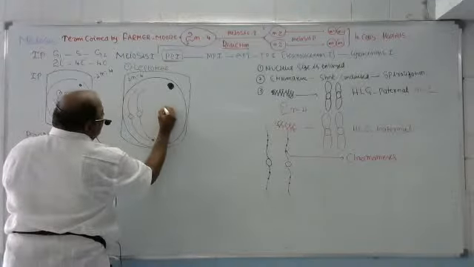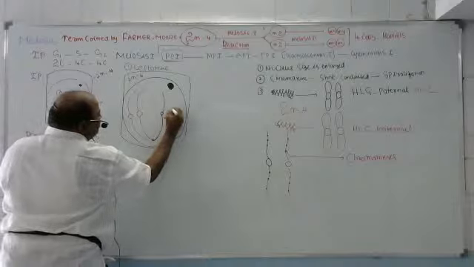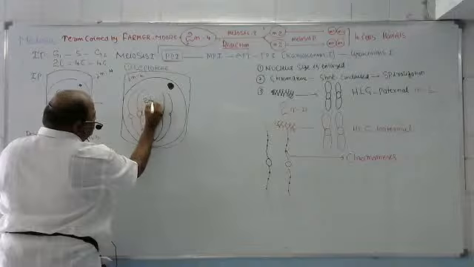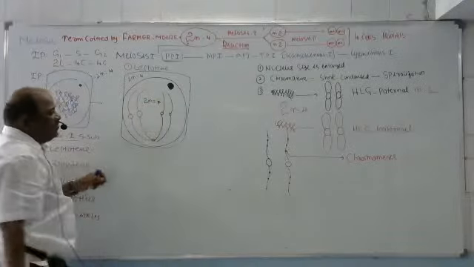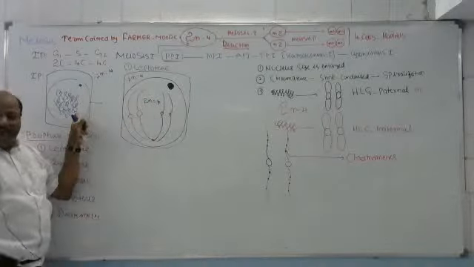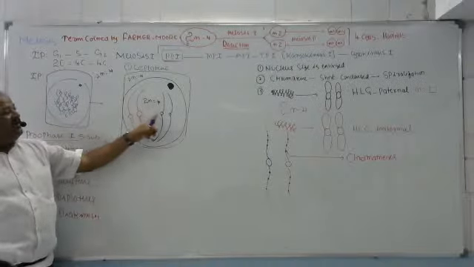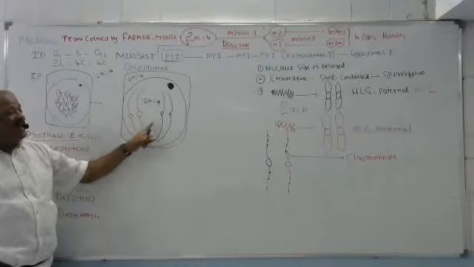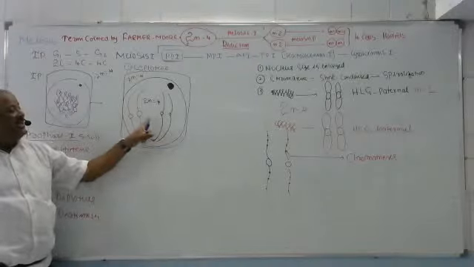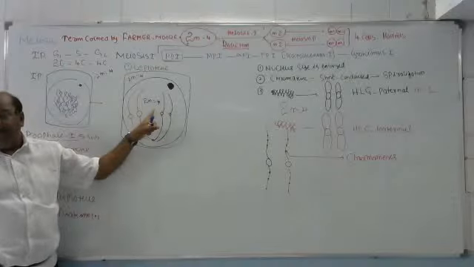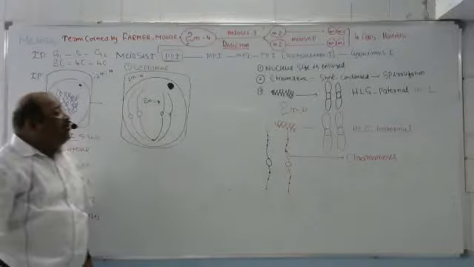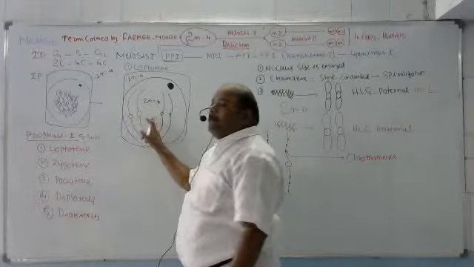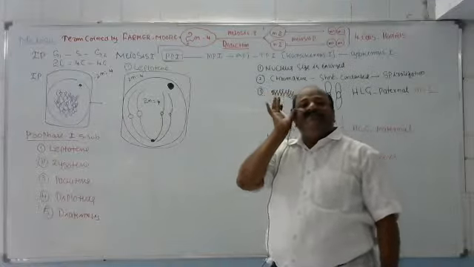All the homologous maternal chromosomes are on one side. Here also, how many chromosomes? 2n is equal to 4. What happened here? Chromatin is converted into chromosomes. Now the chromosomes are of two types, homologous paternal and maternal. Now the homologous paternal and maternal are all joined at a particular place.